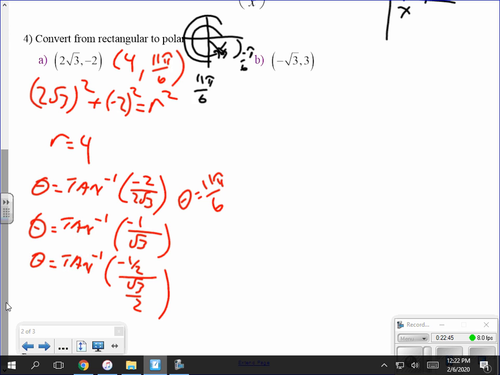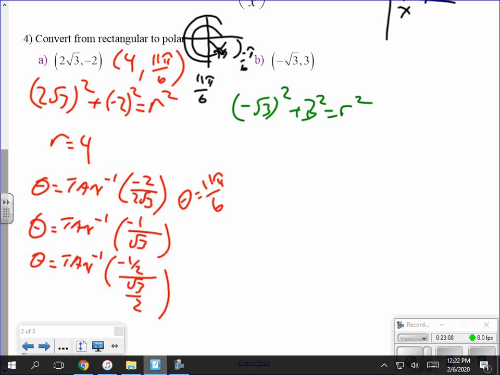Okay, let's do the same thing on the next one. Negative root 3 and 3. So negative root 3 squared plus 3 squared is equal to r squared.